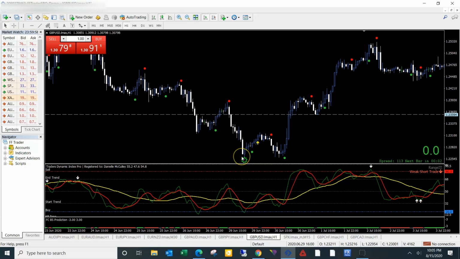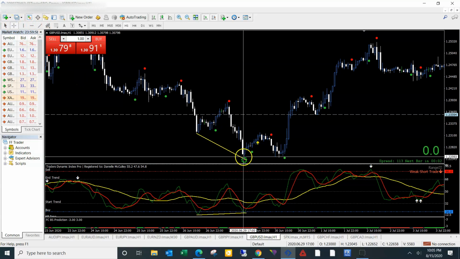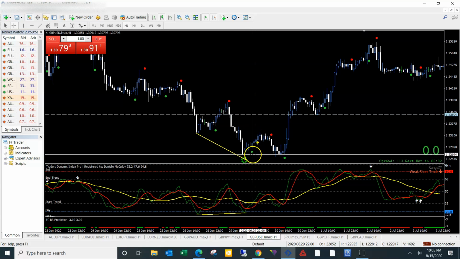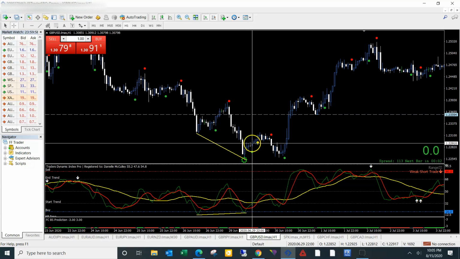So this is a good one too, because even though you're not at support, you have the divergence there and down here. You have the divergence there, but as you can see, it formed a W. With this, you may have to sit through a little bit of drawdown, because you got this reversal signal, then you got the dot here.